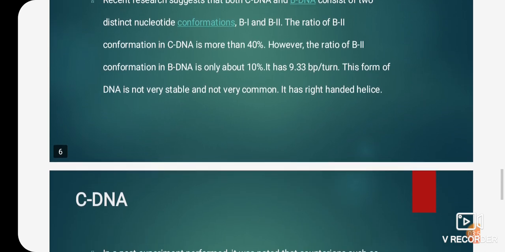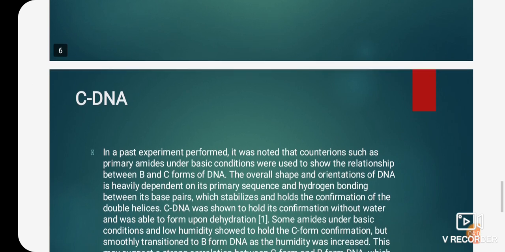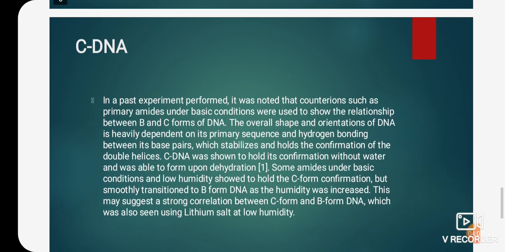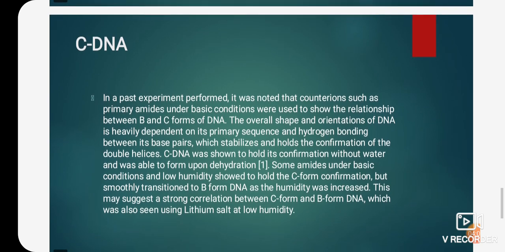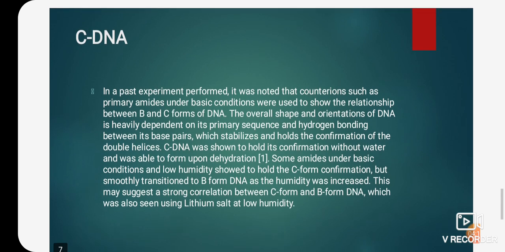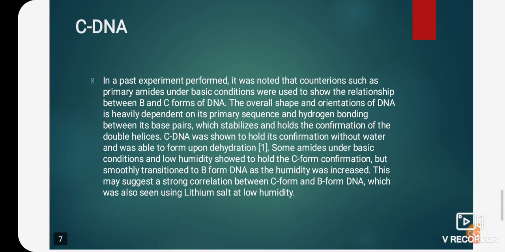It has a right-handed helix. So, students, in a past experiment, it was noted that quaternions such as primary amides under basic conditions were used to show the relationship between B and C forms of DNA.